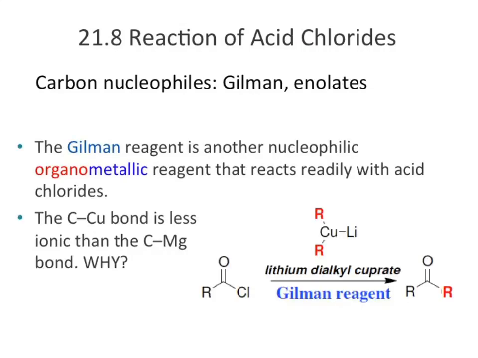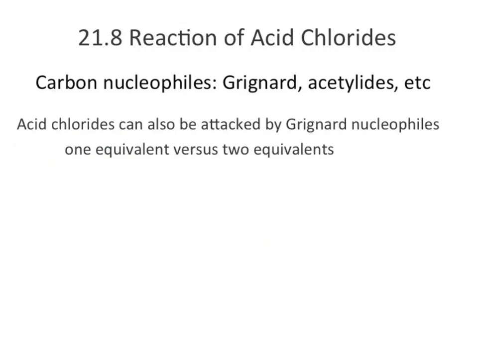Just as we saw with the other ones. With your Grignard reagents, how many equivalents do we end up seeing? We'll see a 2 equivalent option show up. Why would we see a 2 equivalent option show up? What happens after the first reaction with your carbon nucleophile?